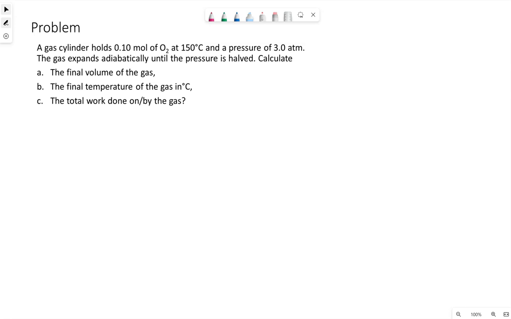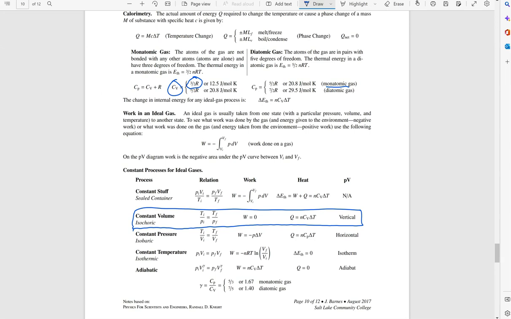All right, so this is an adiabatic process, meaning the equations we care about are down here.